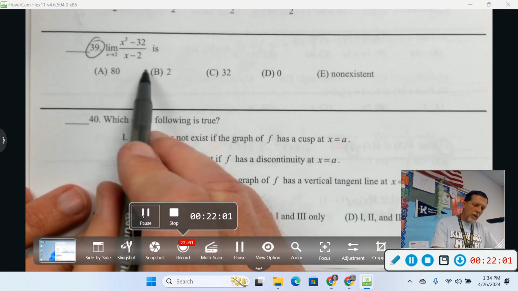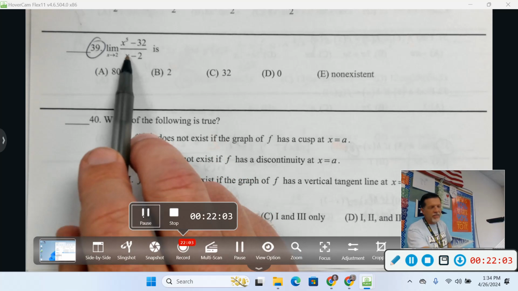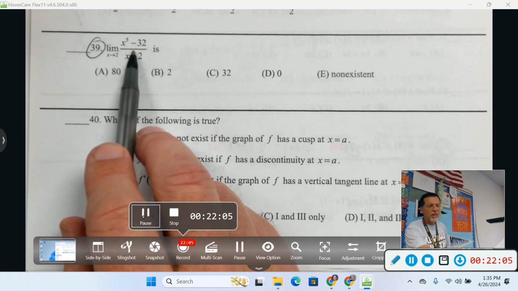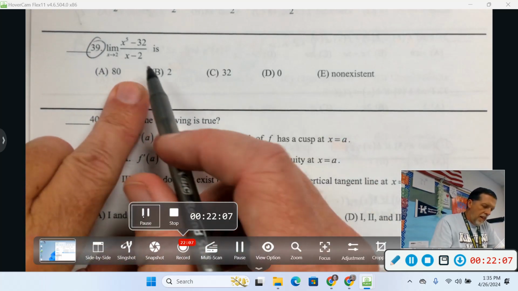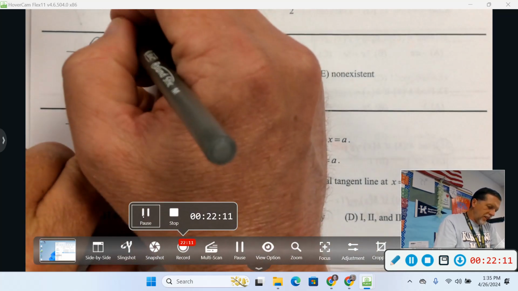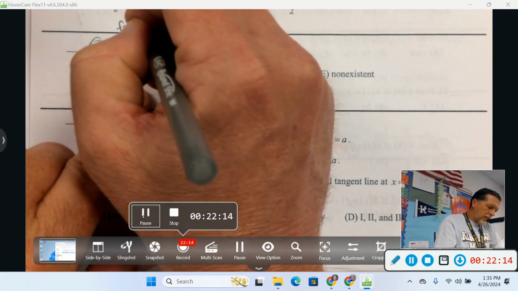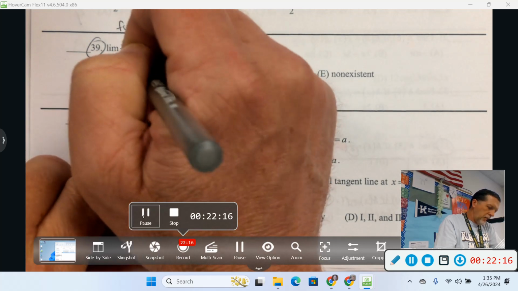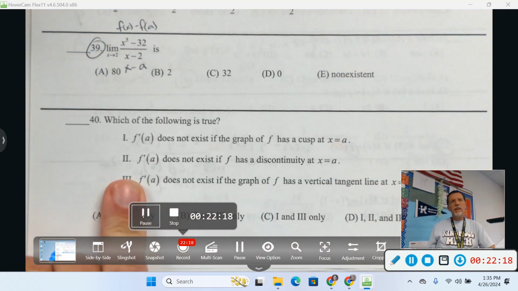39, it looks like that one we factored earlier, but I don't know how x to the 5th factors, so I'd better leave that alone. So this looks a little bit like f of x minus f of a over x minus a. So it's another one of those, recognize that it's a derivative, don't try to do anything with the limit.